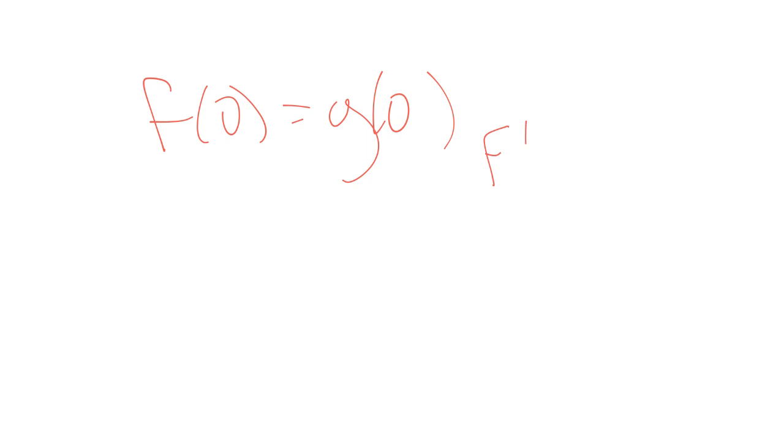Now I want to go to 17, which was a similar idea, if I remember right. So you have two functions differentiable, f and g, and f of 0, g of 0 are equal. They're not necessarily 0, but they're equal. Now f and g are both differentiable, and I already know that one derivative is less than the other for all x greater than 0.